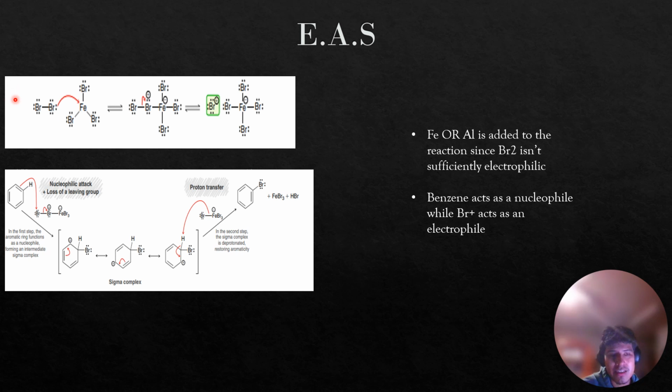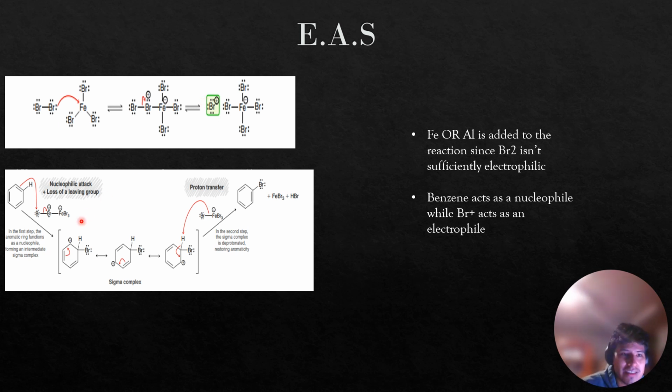In our case, iron can be added to bromine, where they react with one another and give us iron tetrabromide, but in the end, the actual electrophile is a positively charged bromine.